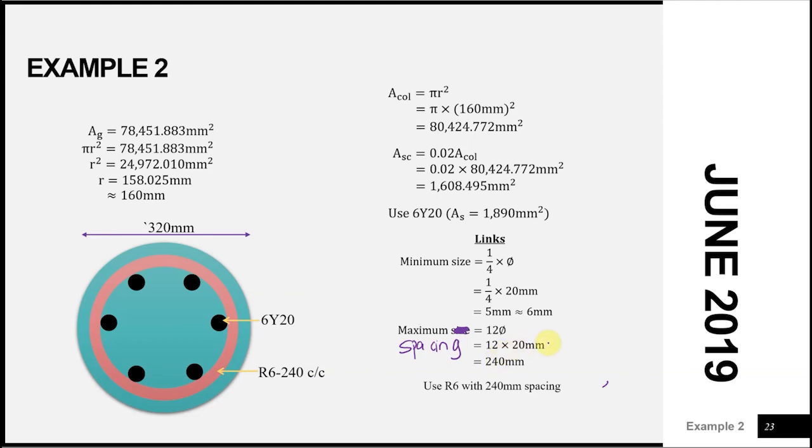So 12 darab 20, you dapat 240. Okay. So 240 adalah dia punya maximum spacing. Maksudnya 240 limit. You tak boleh go beyond 240. You tak boleh letak dia 250. Salah sebab spacing kita tak boleh round up, kita round down. Okay. Ingat satu benda, spacing kita kena round down.